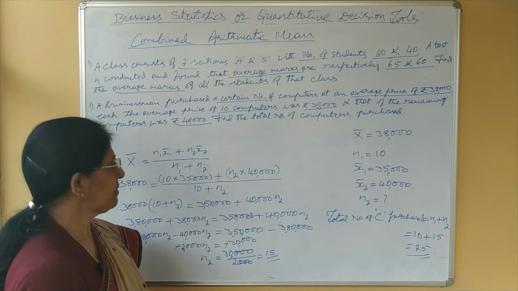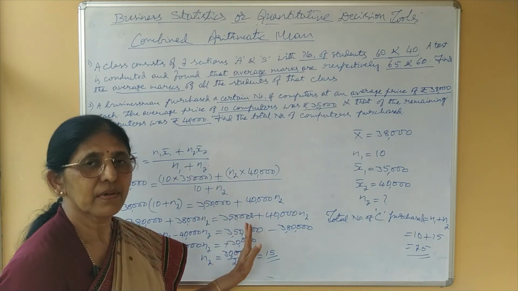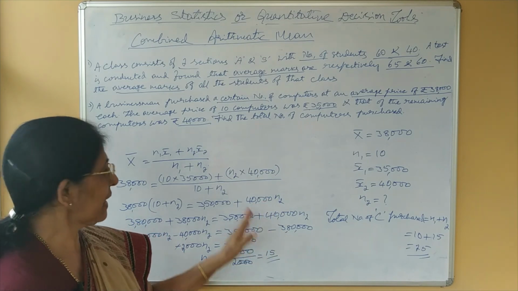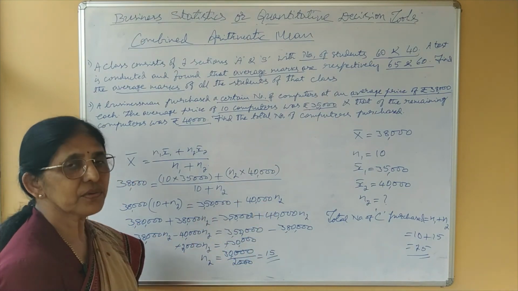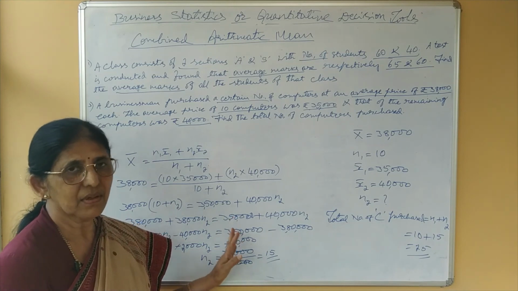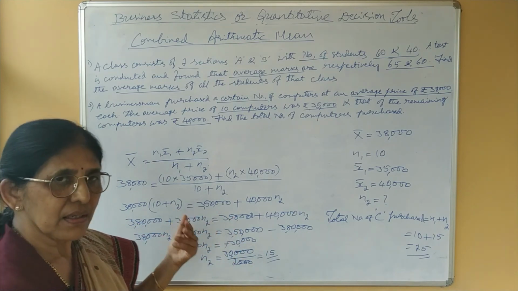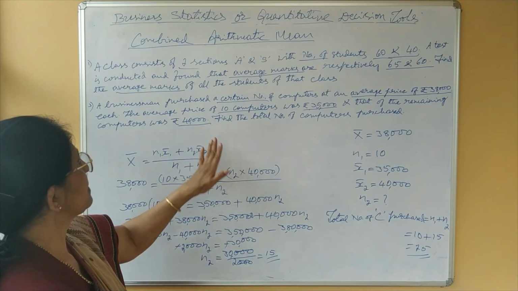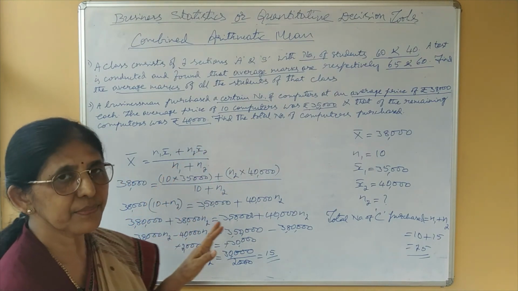Total number of computers purchased is 25. Now for each and every one you need not depend upon a calculator. As far as possible try to simplify manually. Okay, that is less time consuming. Now this is regarding combined arithmetic mean.